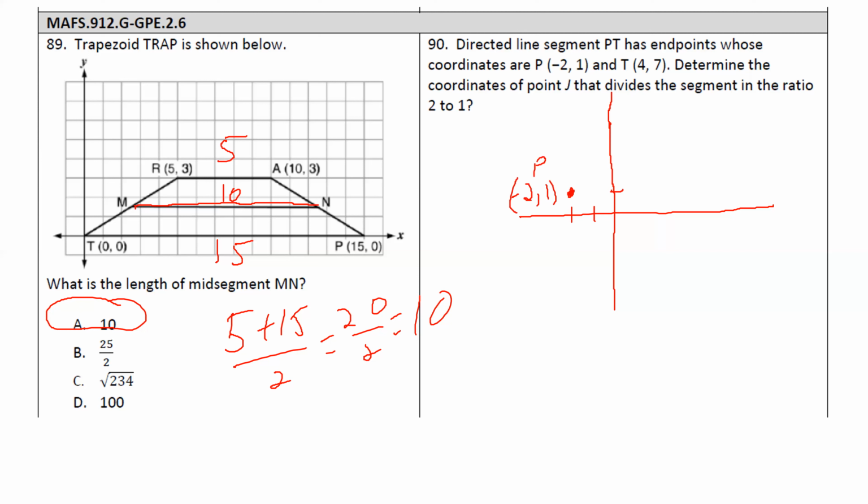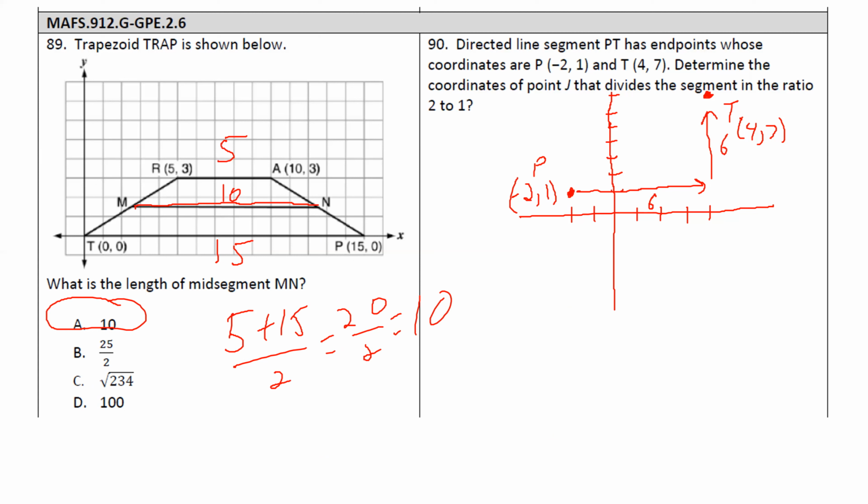And we have a point at 4, 7. 1, 2, 3, 4. 1, 2, 3, 4, 5, 6, 7. And that's T. 4, 7. All right. It wants a point J that divides this segment into a ratio of 2 to 1. Well, first, let's figure out how many units we go over and up. Well, we went 6 units over. We went 6 units up.